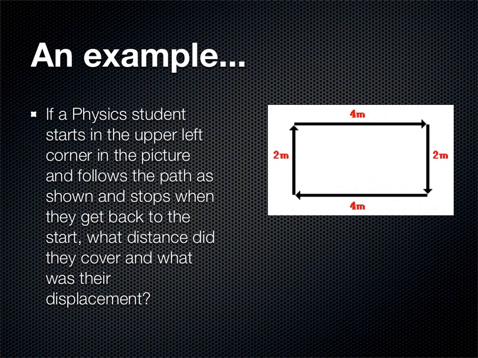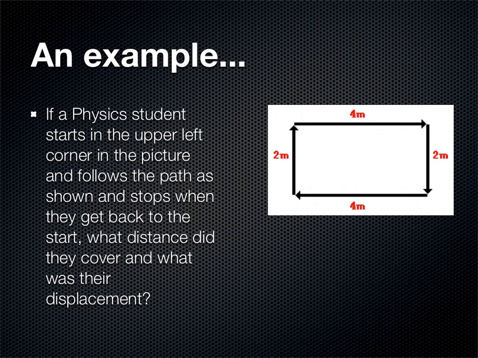Remember, distance is just the total path length that they cover. They went 4 meters here, and then they went 2 more meters, so now they're at 6 meters total. Then they went 4 more meters this way, so they went 10 meters total. And then they finally went this last piece, 2 more meters, so they covered a total distance of 12 meters.